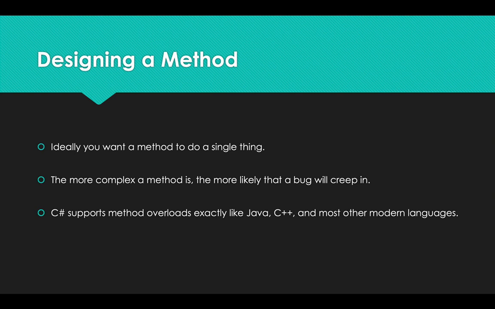So just a general programming guideline, in C#, exactly like in Java or any other language, ideally you want to have a method that does a single thing. So you don't want to lump a bunch of behavior into the same method. And the reason is because the more complicated, the more lengthy a method is, the more likely that method is to be buggy.